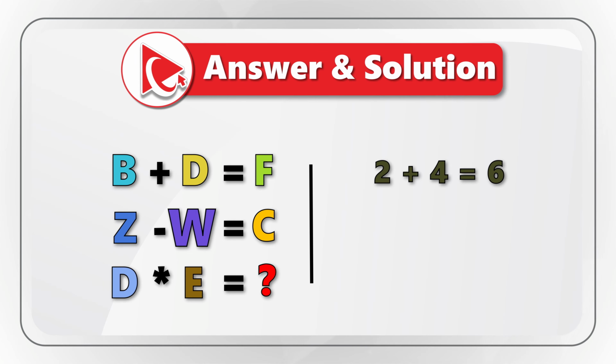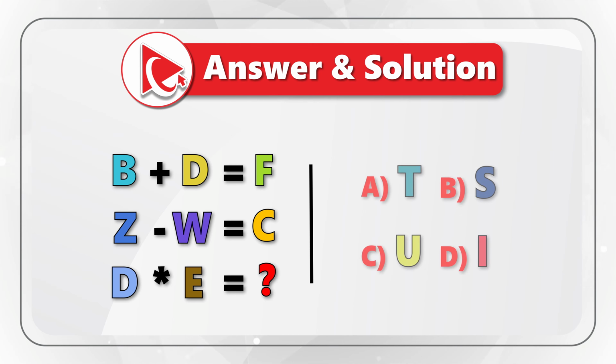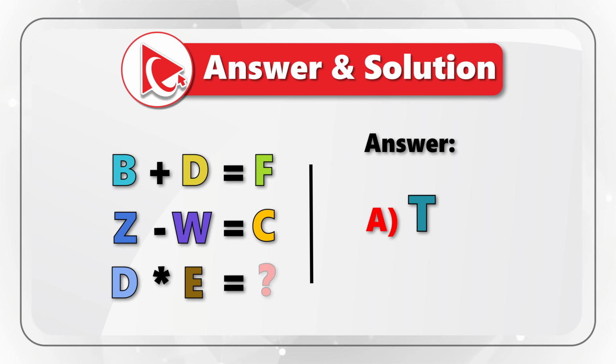Z minus W equals C would in reality be 26, which is the number associated with letter Z, minus 23, which is the number associated with letter W, which would be equal to 3. So the last expression, D multiplied by E, in reality would be 4 multiplied by 5, and would be equal to 20, which is associated with the letter T. So the correct answer here is choice A, T.